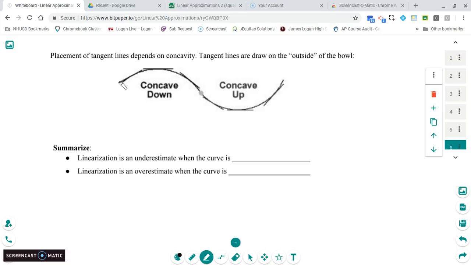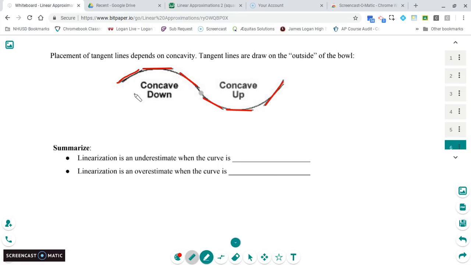And you can see where we've placed these tangent lines. So this would be the outside of the bowl. And at some point, the outside becomes the inside if I change my curvature. So this is the outside of the bowl now. And so you have to kind of think about that.